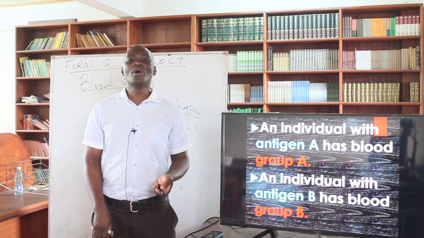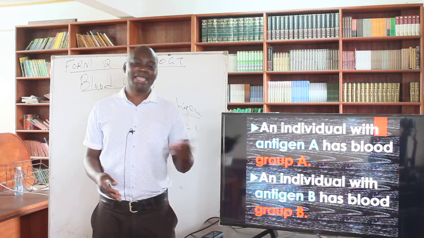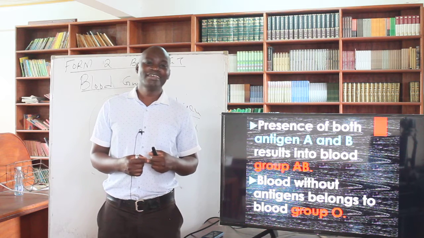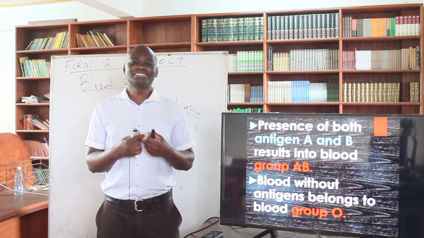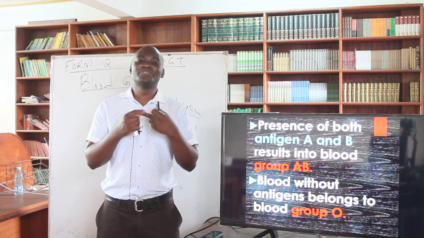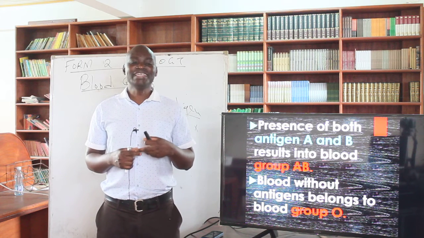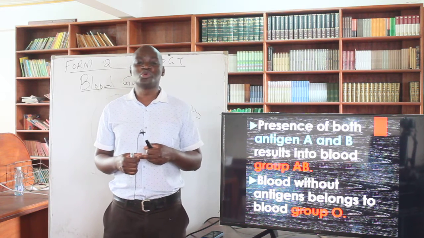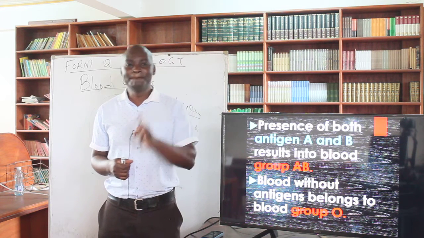Now, what about somebody who has two of them, that is AB? An individual with both antigen A and B on the cell membrane of the red blood cells is categorized as belonging to blood group AB.